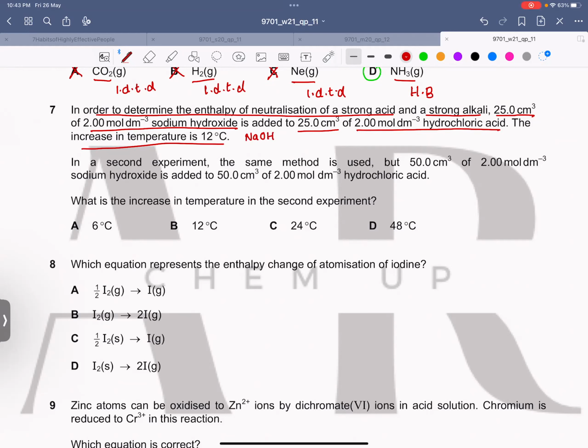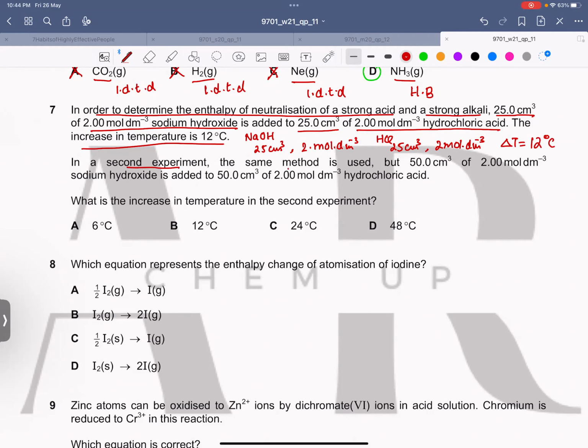For sodium hydroxide, the volume used is 25 cm³ and the concentration is 2 mol/dm³. In the same way, for the hydrochloric acid, the volume is 25 cm³ and the concentration is 2 mol/dm³. And the change in temperature for this reaction is 12 degrees Celsius.